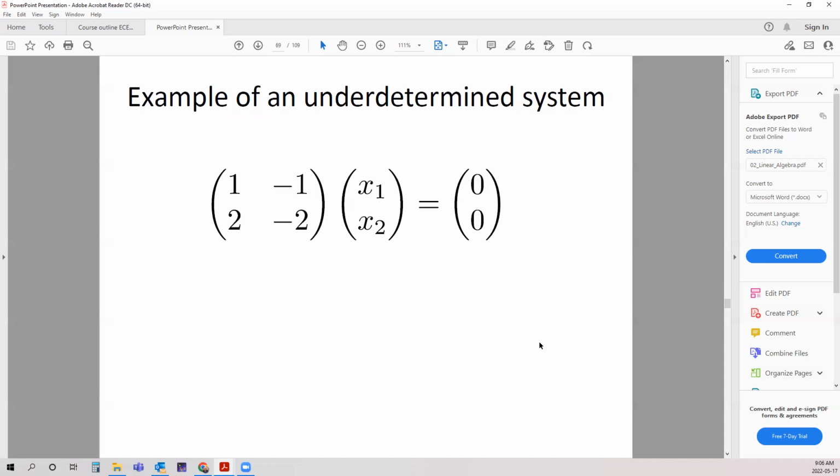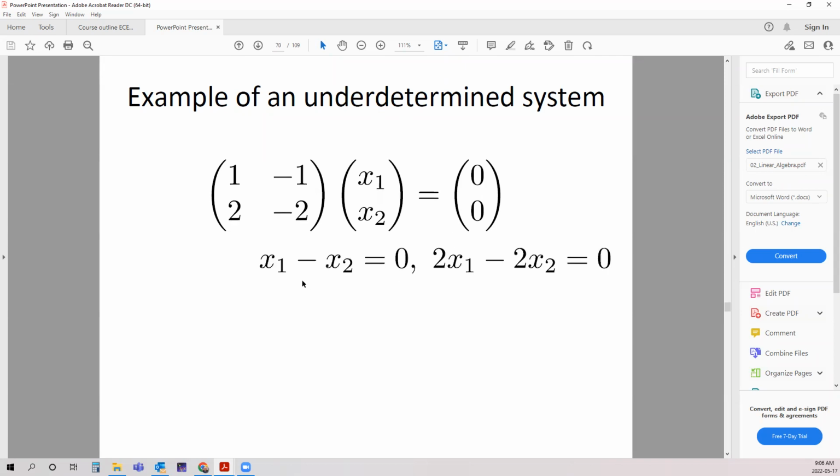Another example of an underdetermined system. I have 1, 2, minus 1, minus 2 times x1, x2 equals 0, 0. So this one will be x1 minus x2 equals 0, then 2x1 minus 2x2 equals 0. These are the equations, then I can solve it. You can revise the lesson on solving equations using matrices.